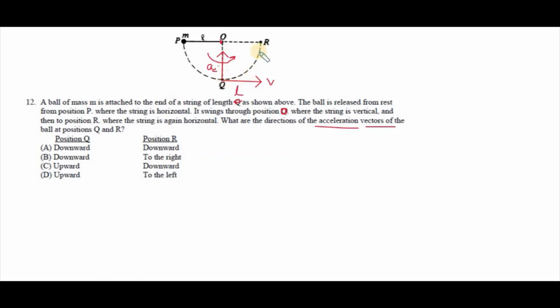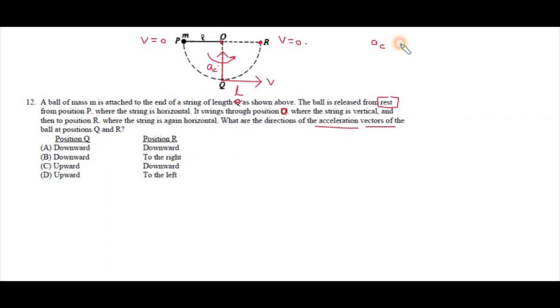Once it reaches the point R, the extreme position, note that it started its motion from the point P released from rest, meaning the velocity at P is 0. Similarly, when it reaches point R, the object comes to rest instantaneously, so the velocity is 0.